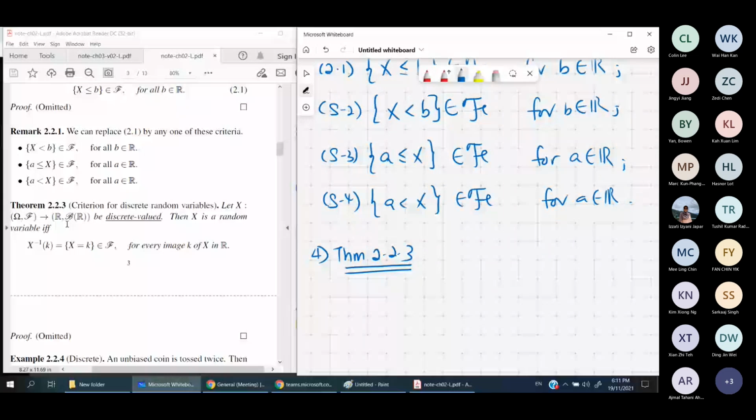Supposing X is a function from a sample space with a given sigma field to R equipped with the Borel sigma field, and supposing X takes discrete value only. We know this.